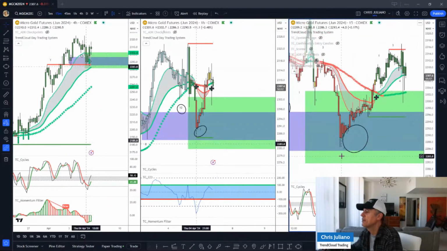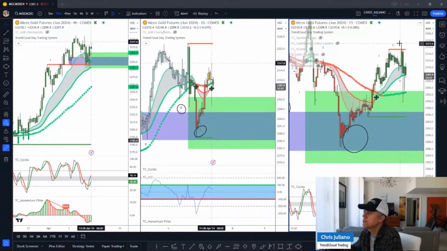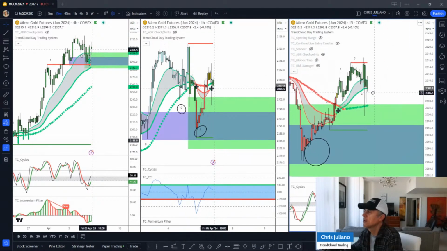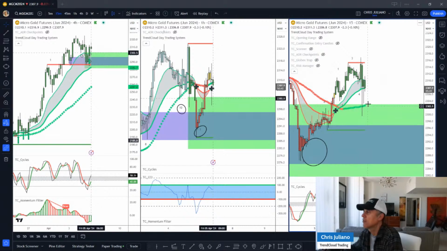You know, this all happened very late last night. 15-minute, there's your crossover, pulls back into that 4-hour trend cloud, real nice rejection candle off of the 50, right?